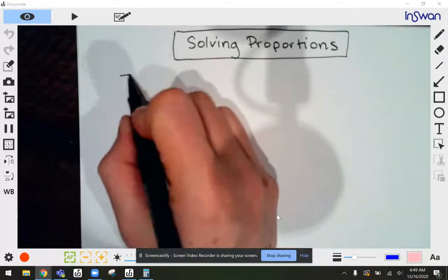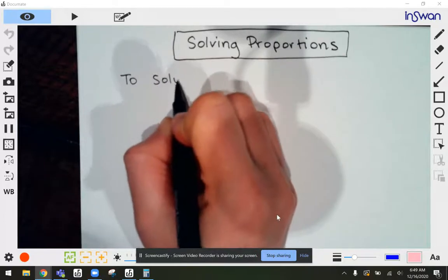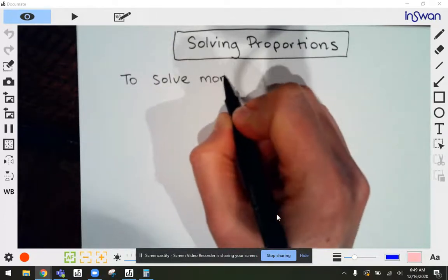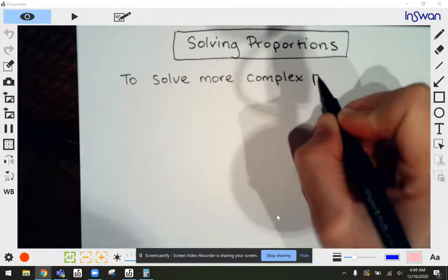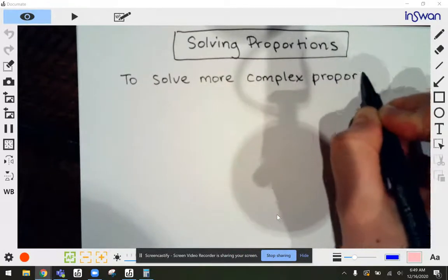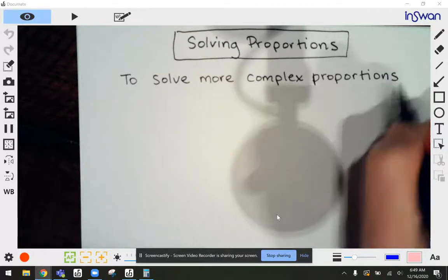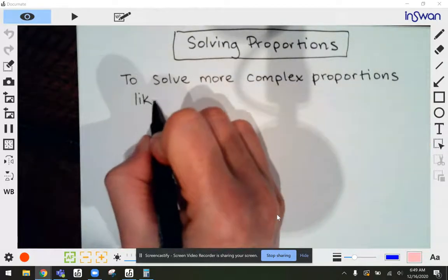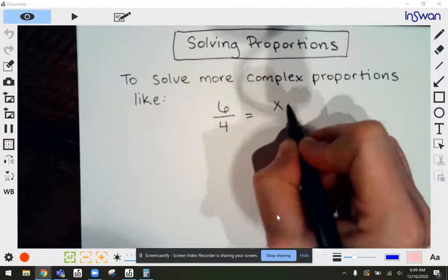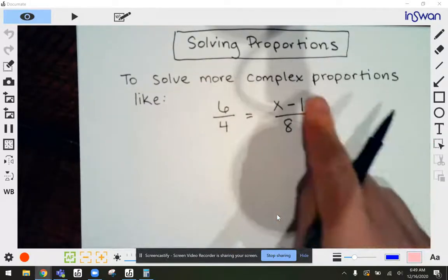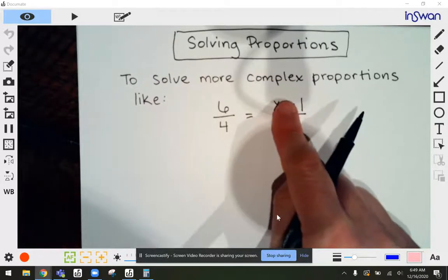So to solve more complex proportions that look like this, for example, 6 over 4 equals x minus 1 over 8. So yeah, we have two terms in this part.